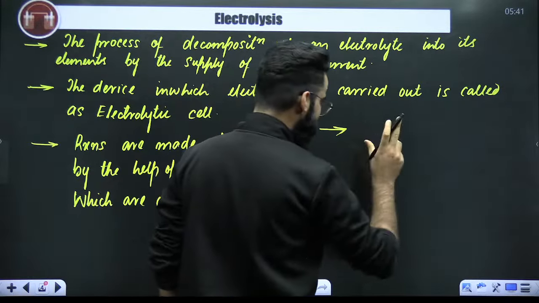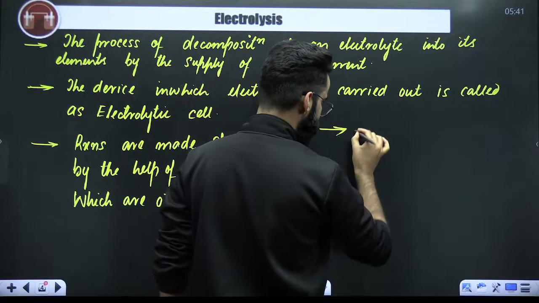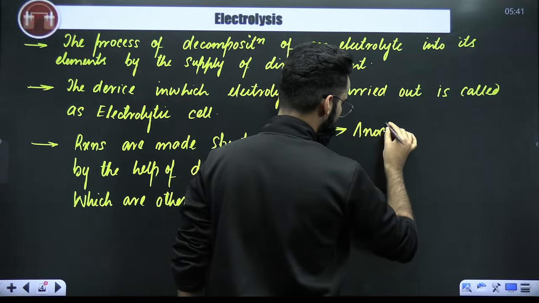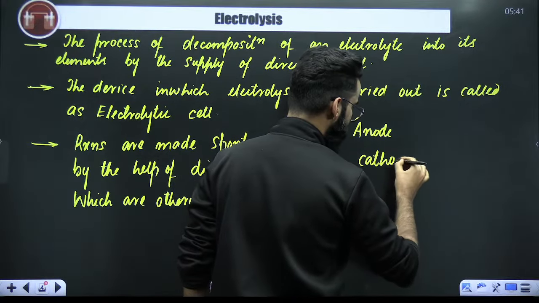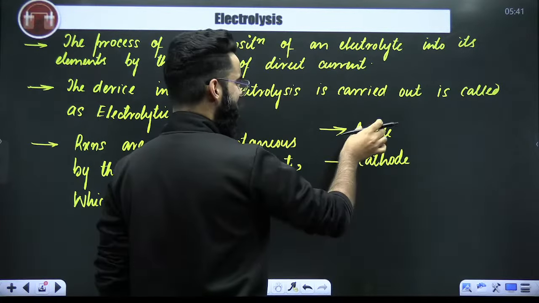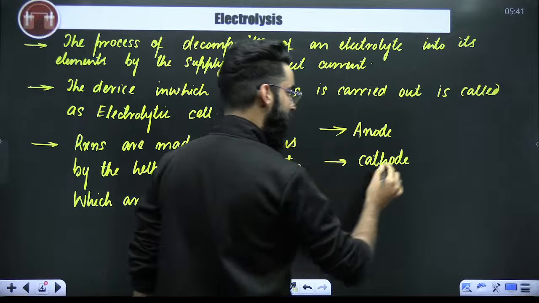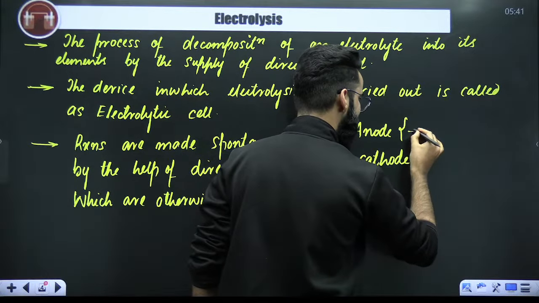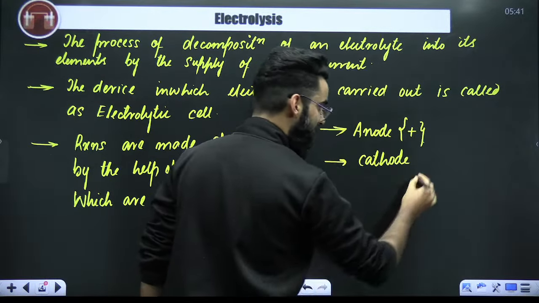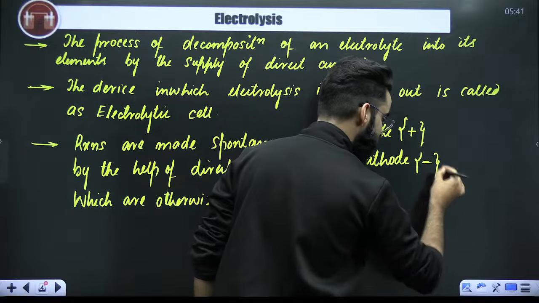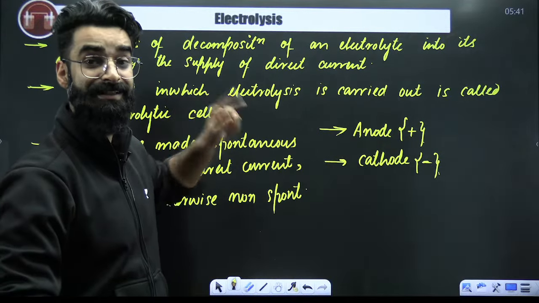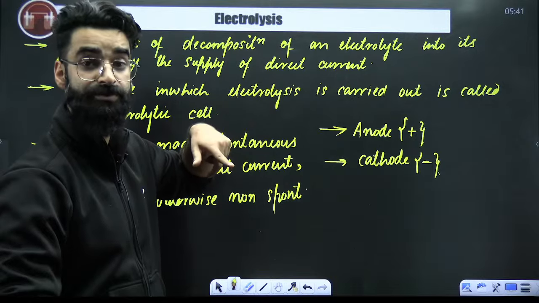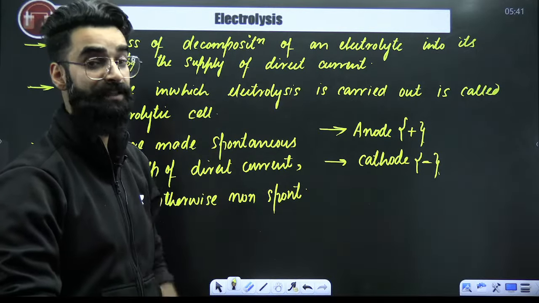One more point I'm mentioning here. In the electrolytic cell, we'll be using two electrodes. One is your anode, one is your cathode. Do remember, in an electrolytic cell the anode carries the positive charge and the cathode carries the negative charge. Whereas in a galvanic cell, the rod of anode used to carry the negative charge and the rod of cathode used to carry the positive charge.